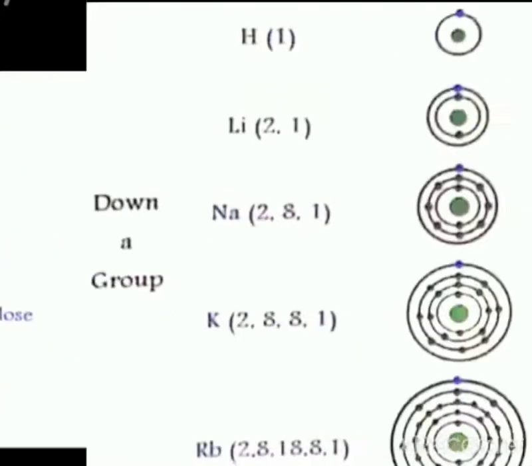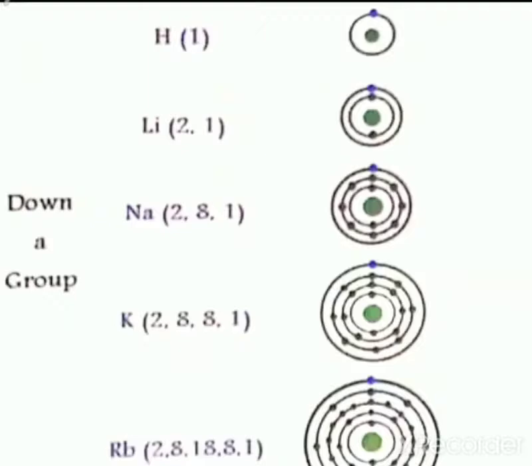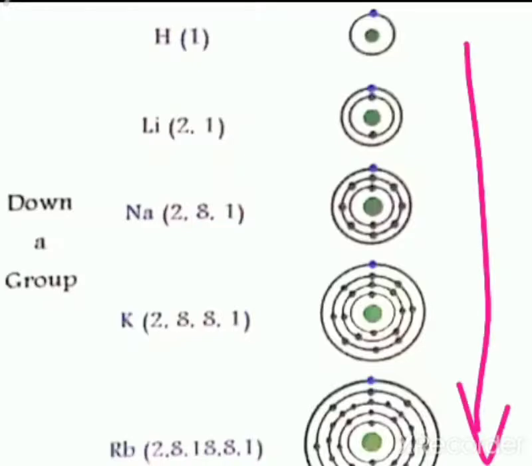Then this is down a group. Down a group, you know that the atomic size increases. Here you can see how your atomic size increases. This one is your first group.